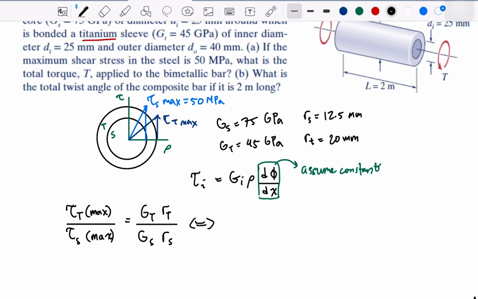Now from these relations we can write, if you don't remember, this is the shear stress distribution. Oh, stress, sorry. Stress.